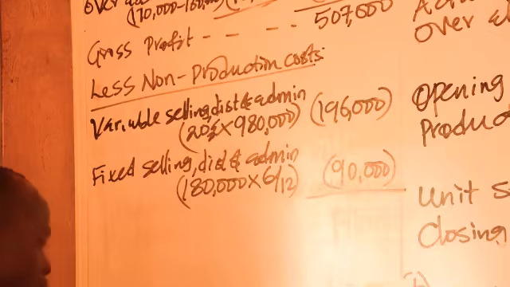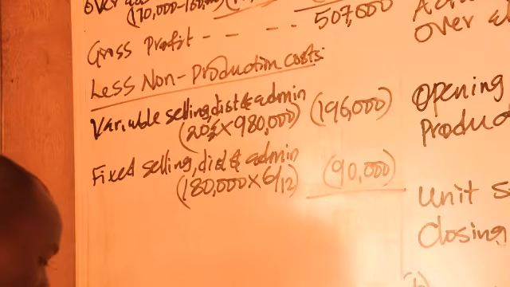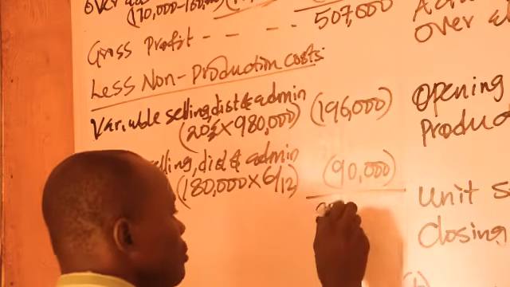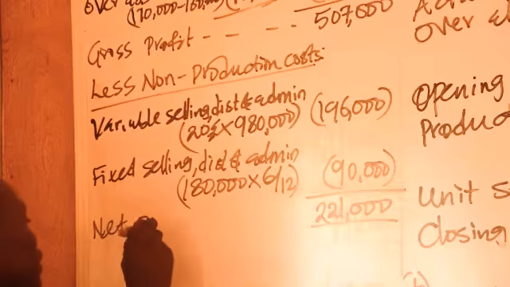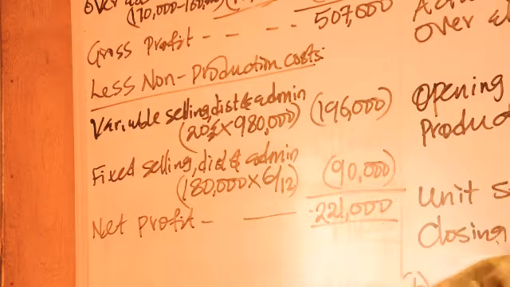If you subtract the 196,000 and 90,000 from 507,000, then you have 221,000, and that is our net profit for the 6 months ending 31st March 20x3.